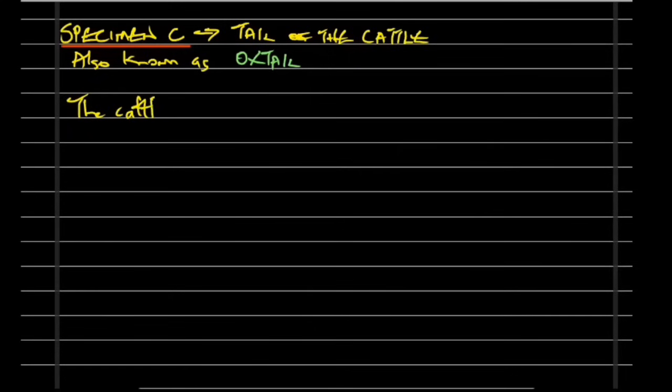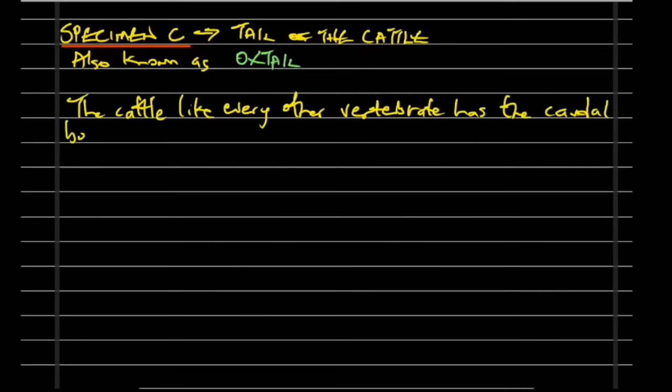The cattle, like every other vertebrate, has the caudal bones. Caudal bones on the vertebral column that make up the tail.